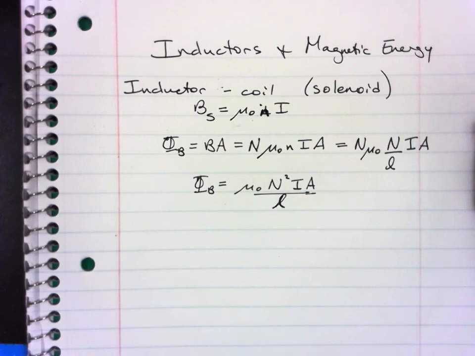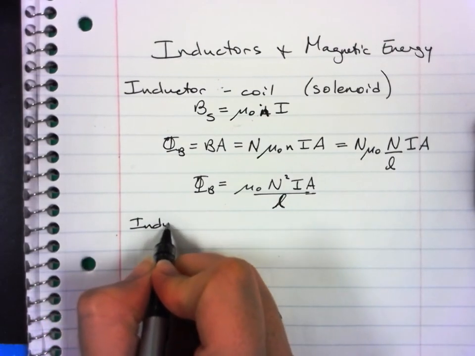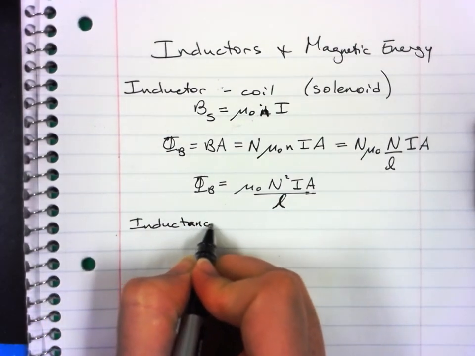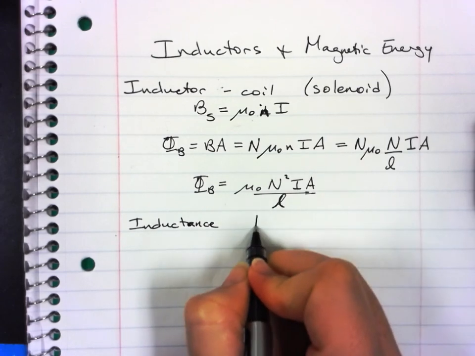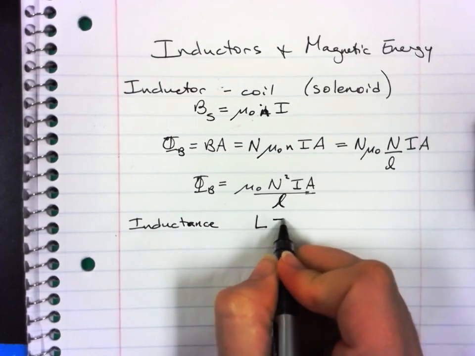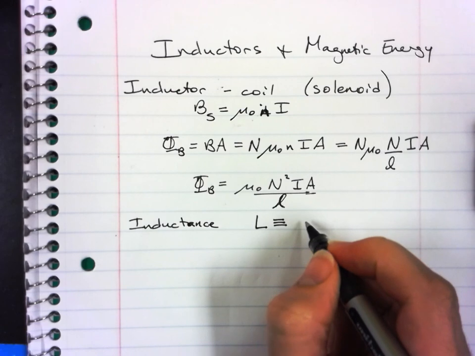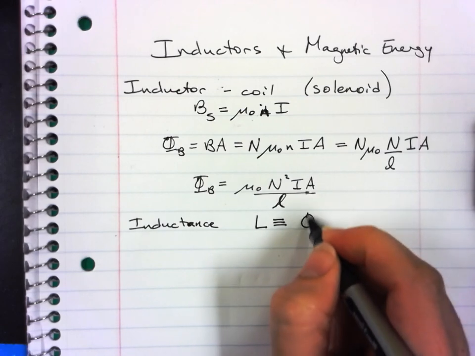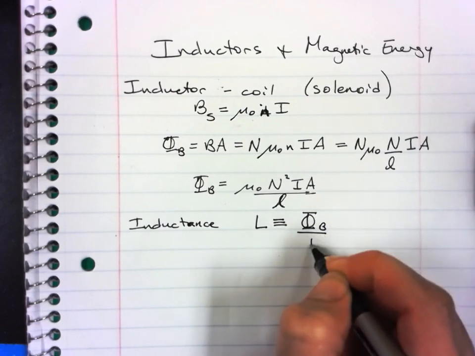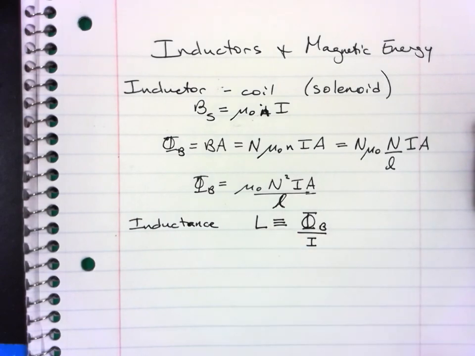Oh no, I'm sorry, before we do that, we're going to define this term called inductance. So inductance, for reasons no one knows, is the letter L, and it is defined as the flux divided by the current needed to produce that flux.